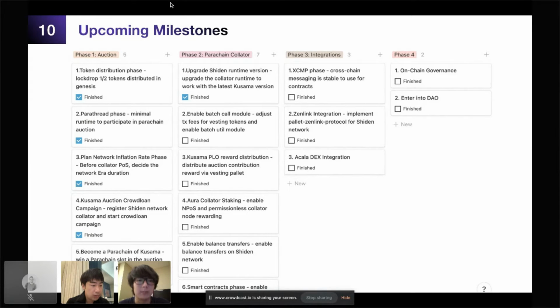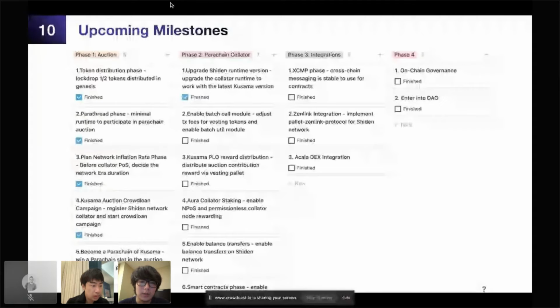After that upgrade happens, we will be enabling the batch call module, or the utility module, for Shiden Network. That is part of the Substrate framework FRAME, and we will enable vesting modules as well, which will be used for distributing the PLO rewards that were contributed by the community through our crowdloan campaign.